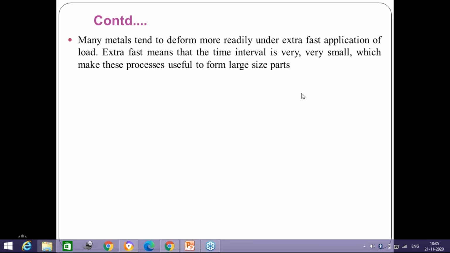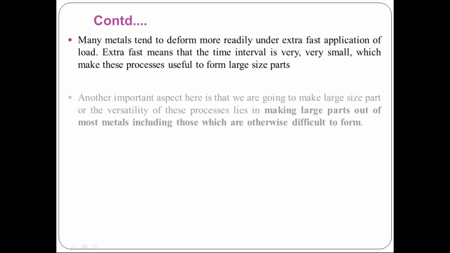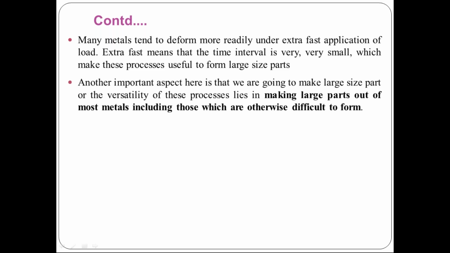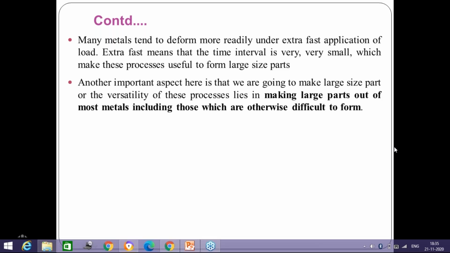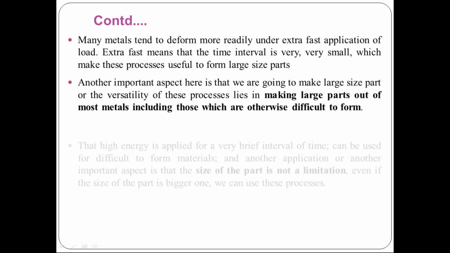Many metals tend to deform more readily under extra fast application of the load. Extra fast means that the time interval is very small, which makes this process useful to form larger size parts. Another important aspect here is that we are going to make large size parts, or the versatility of this process lies in making large parts out of most metals, including those which are otherwise difficult to form.